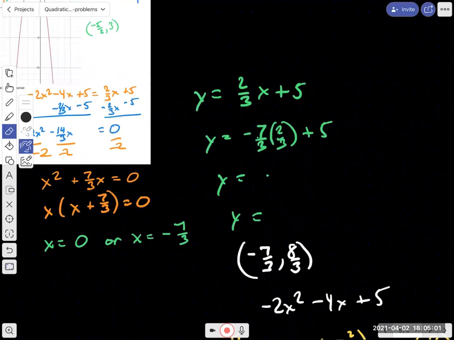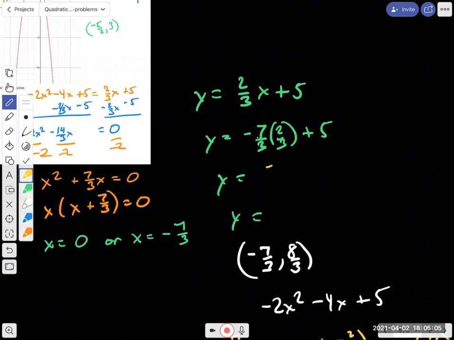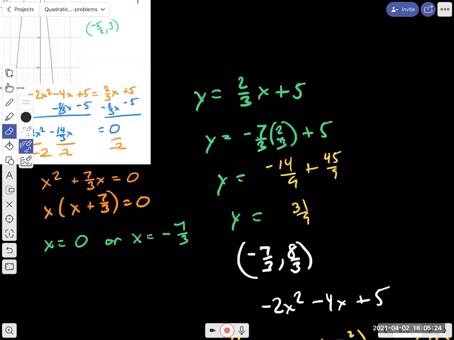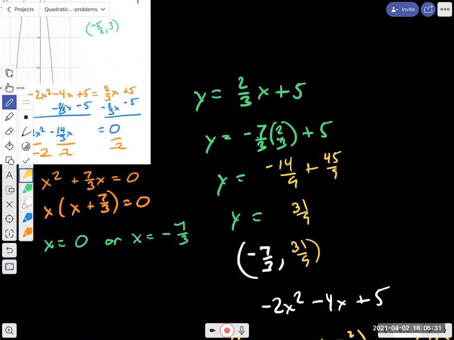So we're multiplying, and what have I done? So we look at this and say it's minus 14 ninths, okay, plus, so now 5 would be 45 ninths. So there we have 31 ninths. 31 ninths. Yeah. Okay, so then with 31 ninths, let's see how we do.